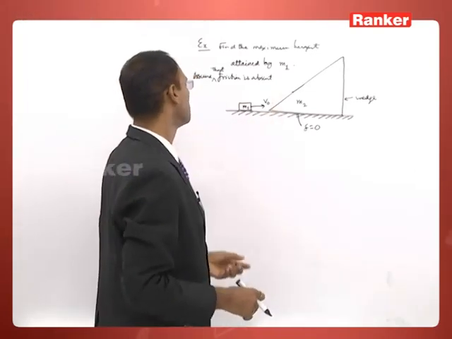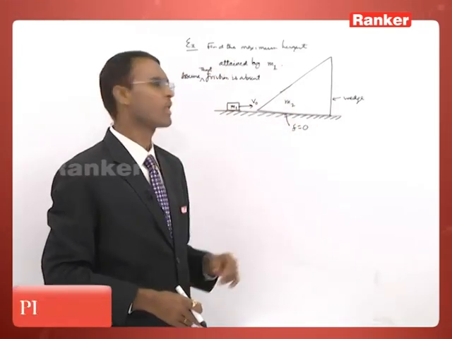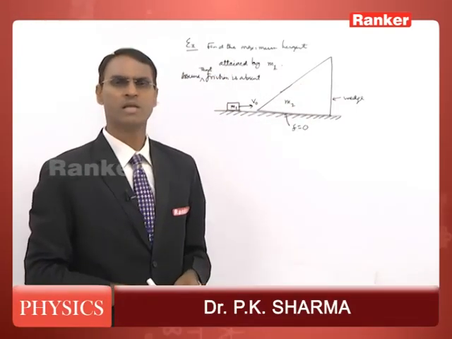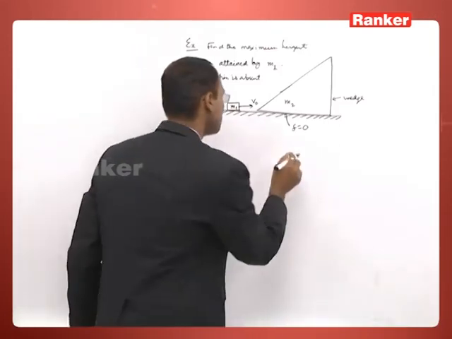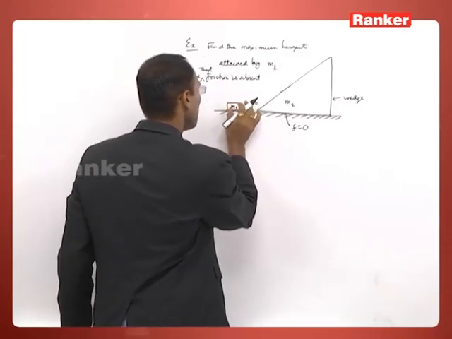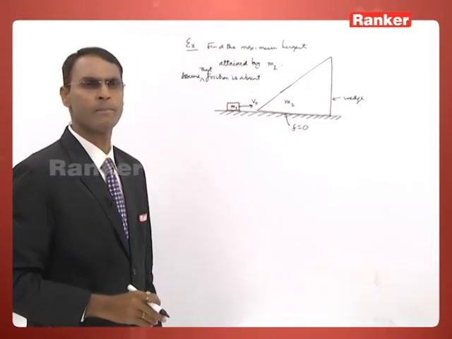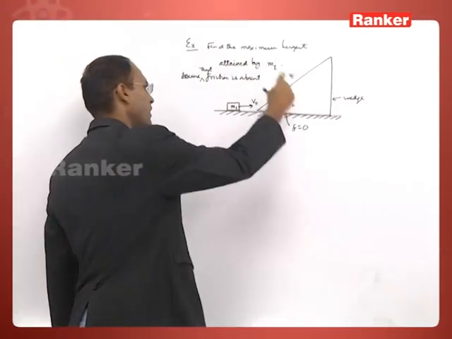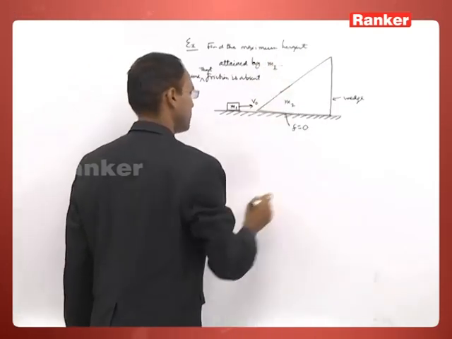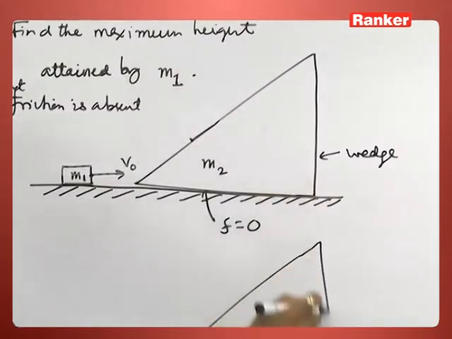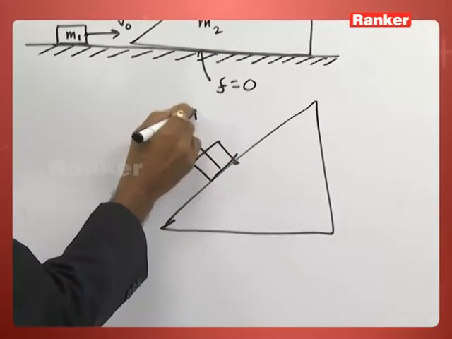And in return, this block will provide a force to the wedge which is equal in magnitude and oppositely directed. So long as the block will be in contact with the wedge, they push each other along the normal direction to the slant. This is the normal direction.